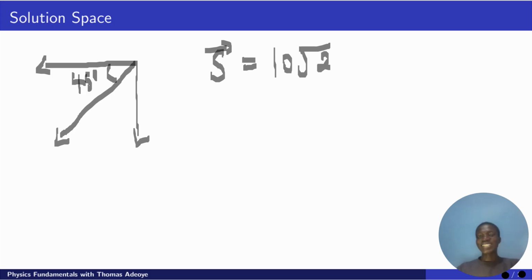We have gotten the magnitude. What is giving us challenge is the direction, which is very important in vector addition. So it will be 10 root 2 meters, comma, then the next thing is 45 degrees.